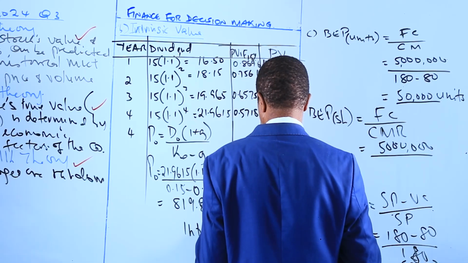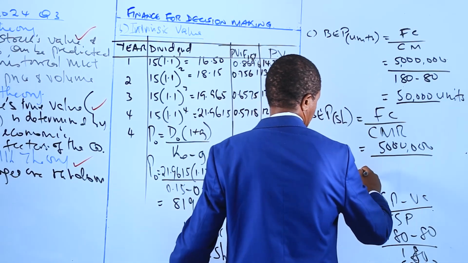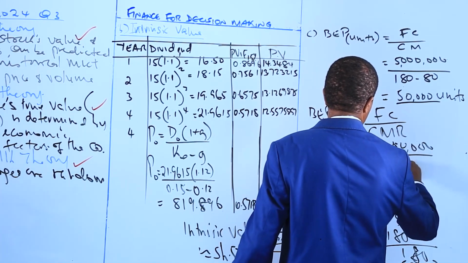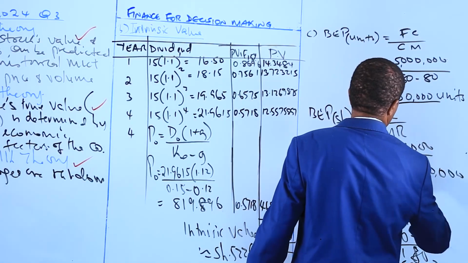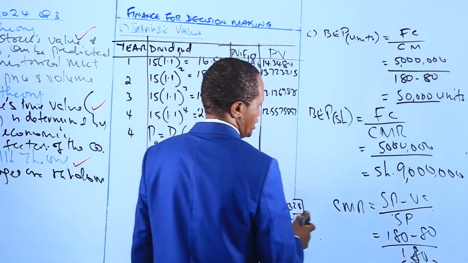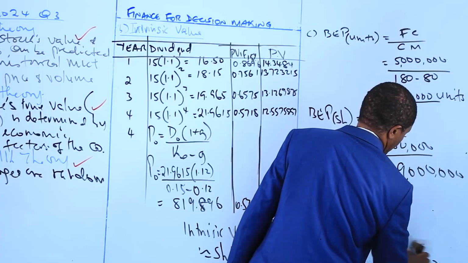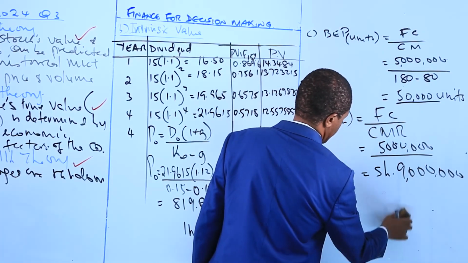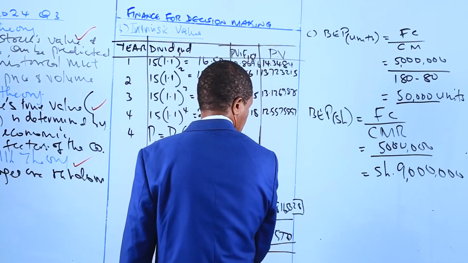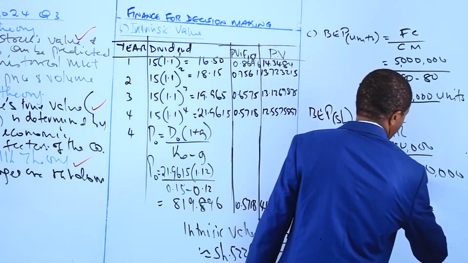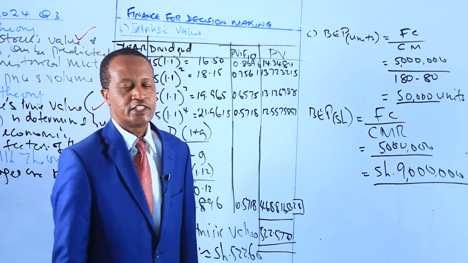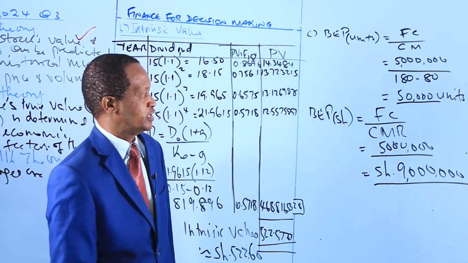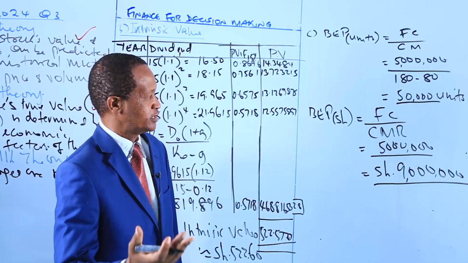Roughly I'm getting 9 million. When I round off in shillings, this will be 9 million. That is the break-even point in shillings. The break-even point in shillings is equal to 9 million shillings. So that is how candidates will calculate the break-even point in shillings and in units.